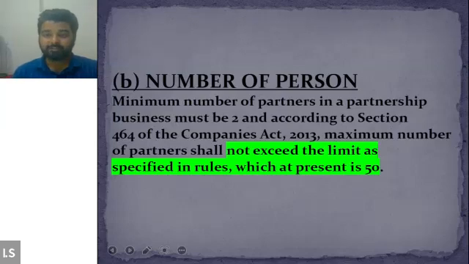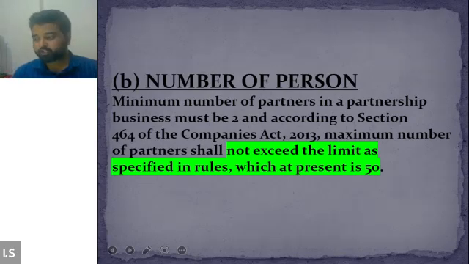So the Companies Act 2013 says that in a partnership firm there must be a maximum of 50 partners. Any firm exceeding that, if there are more than 50, will be treated as an illegal association.